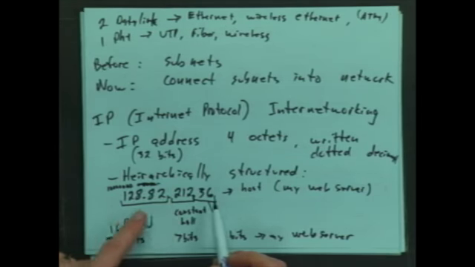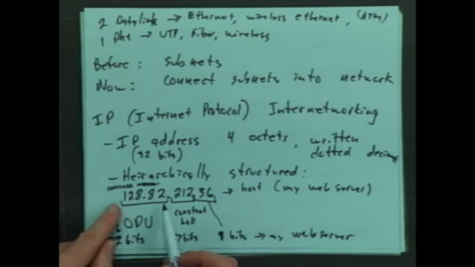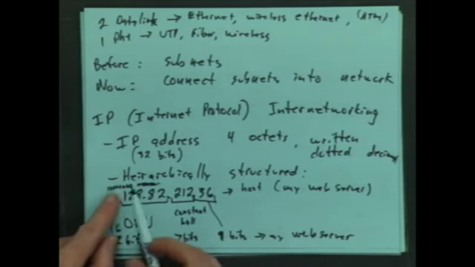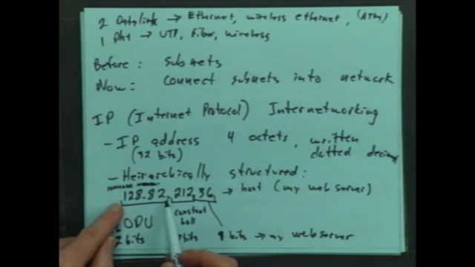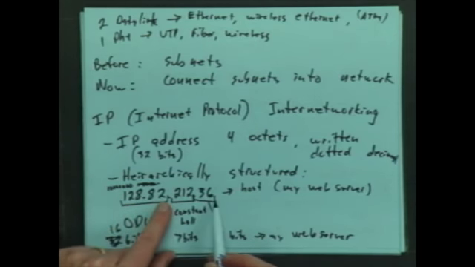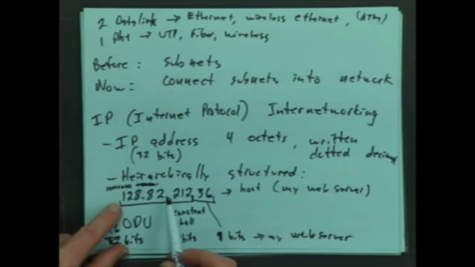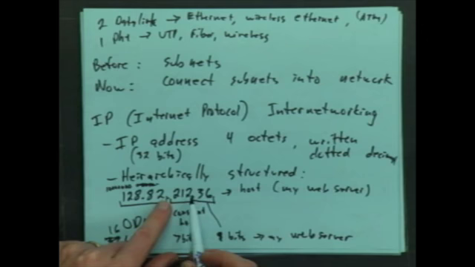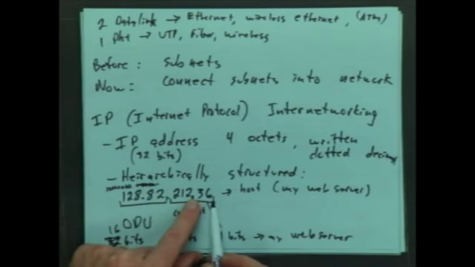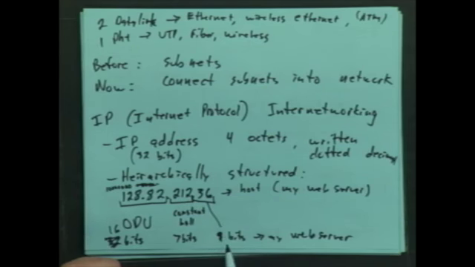Okay? So if you think about your street address, this first set of numbers might be like the zip code. These last 2 numbers are like the street address, street name, and the house number. Does that make sense? The city is assigned the zip code. They get to name the streets whatever they want, and they get to number the houses however they want. Okay?